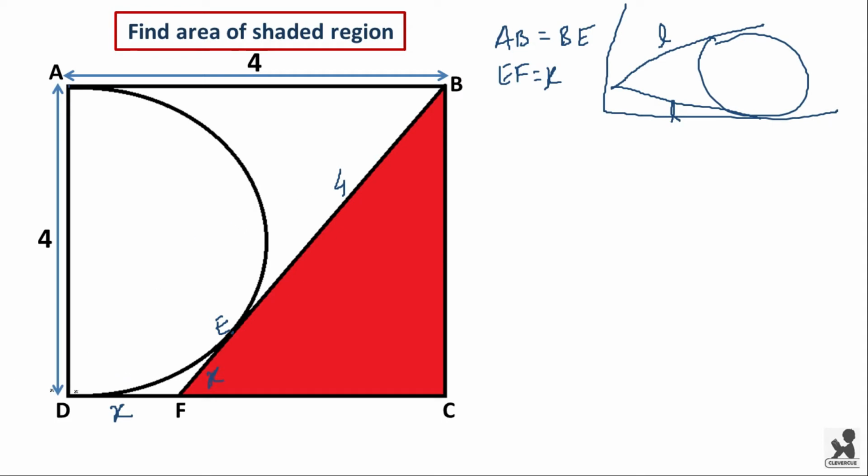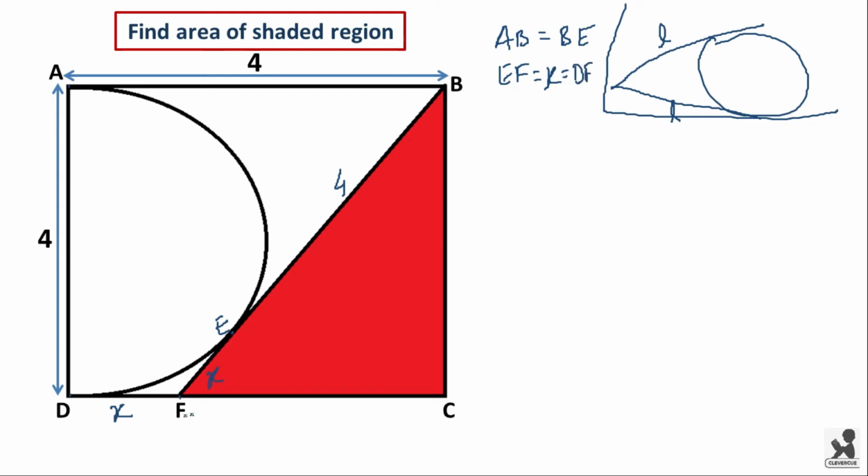Here there is a point F, and from point F two tangents are drawn, that is FE touching the circle at E and FD touching the circle at D. So DF is equal to EF, which is equal to x, which we have assumed.